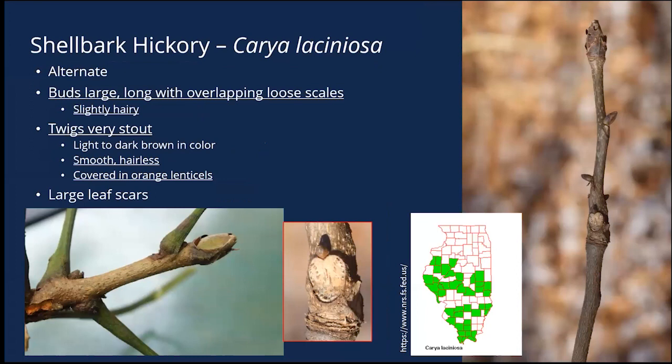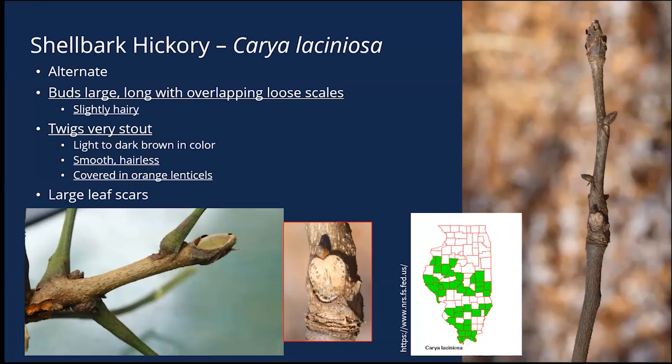Now we'll contrast that with Shellbark Hickory. These are the two that are often very, very difficult to tell apart, especially in those bottomland habitats where they both grow together. It also has large, elongated buds with overlapping loose scales. The buds are slightly hairy or not hairy at all for Shellbark Hickory.